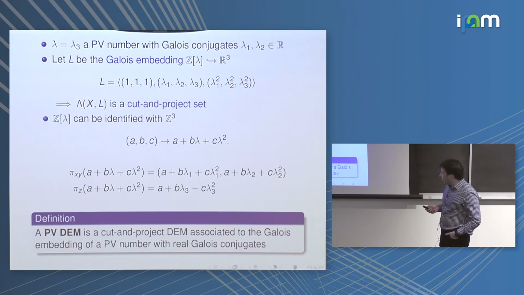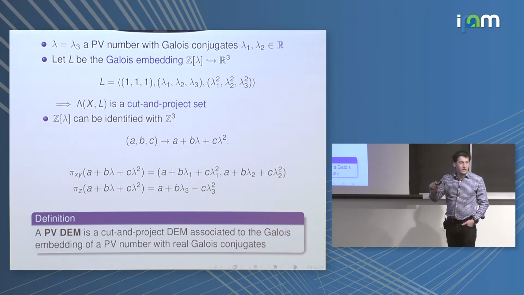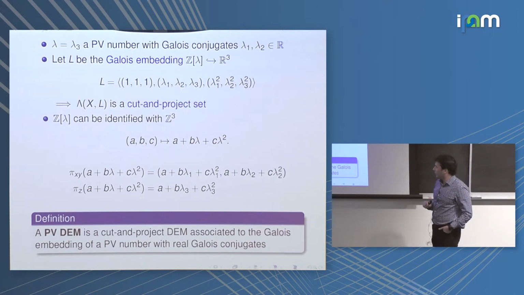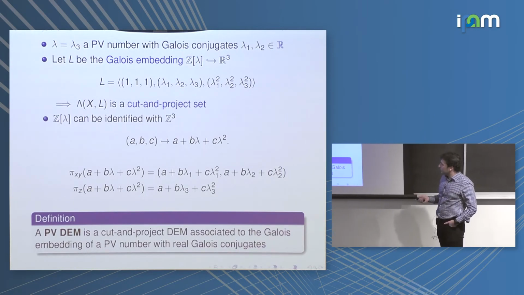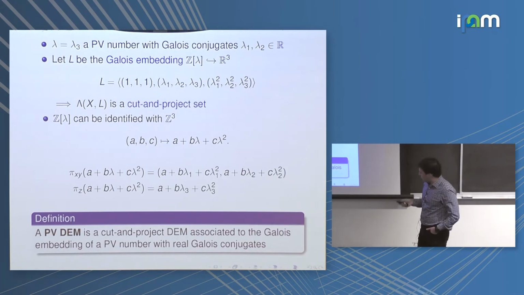And at certain times in this talk, we're going to want to identify points with their integer coordinates. We can identify Z adjoin lambda with Z^3 by saying that a triple of integers a, b, and c gets mapped to a plus b lambda plus c lambda squared. Then this point gets mapped into R^3 by these projections pi xy and pi z.